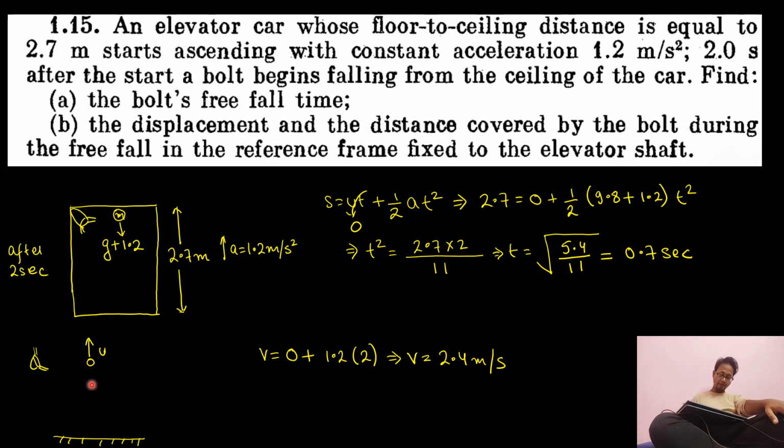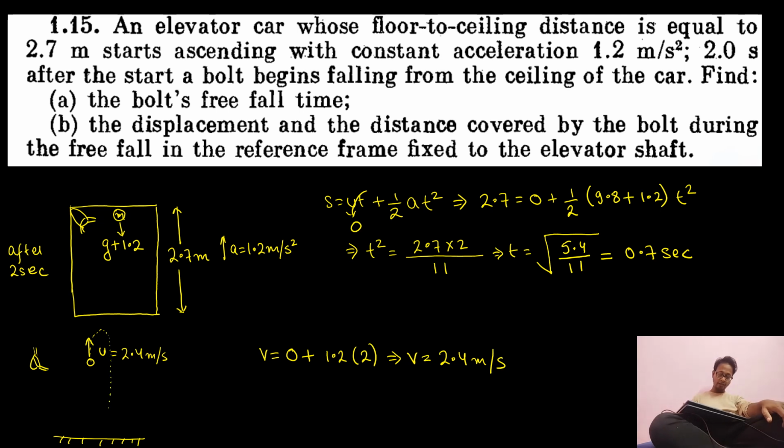Now as the elevator moved for 2 seconds, what happened? Out here, the velocity is equal to 2.4 meter per second. Now what will happen when someone sees from the ground? The projectile or the bolt will start to move upward with certain velocity.